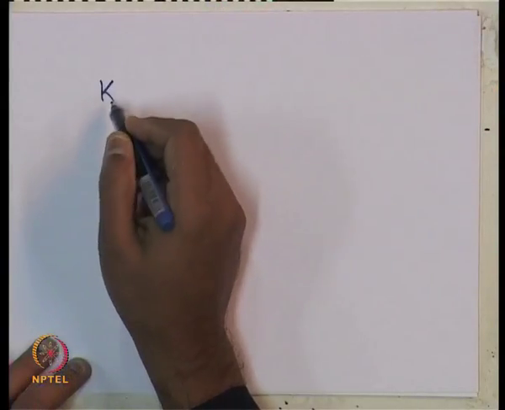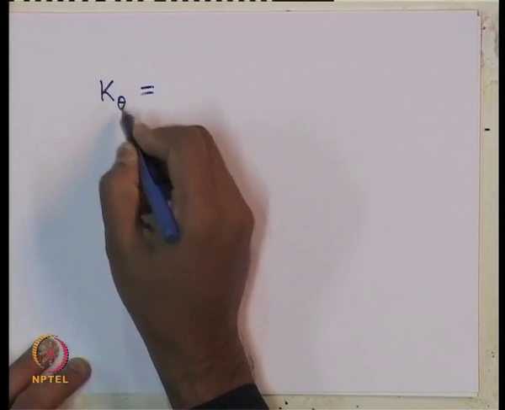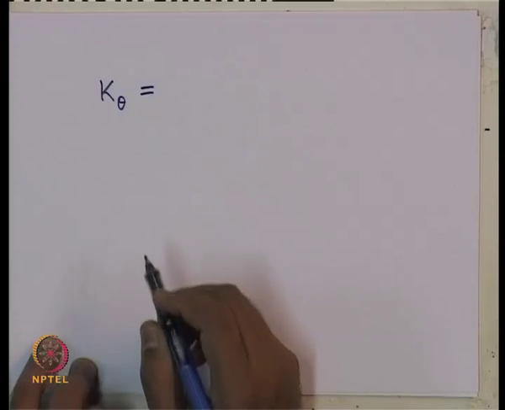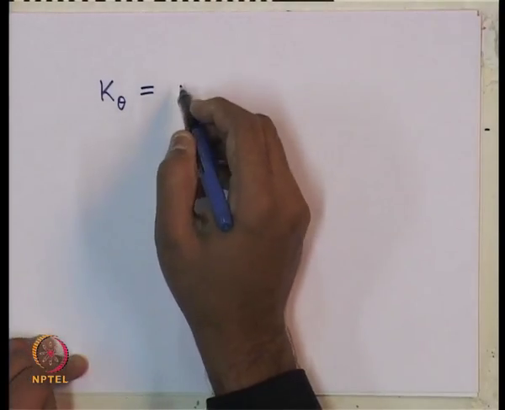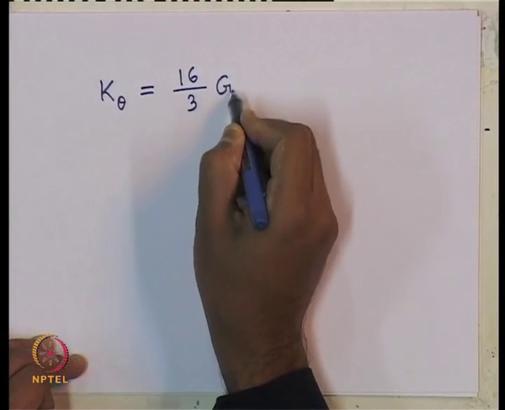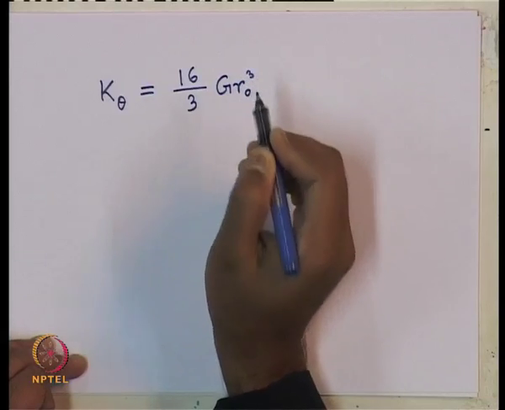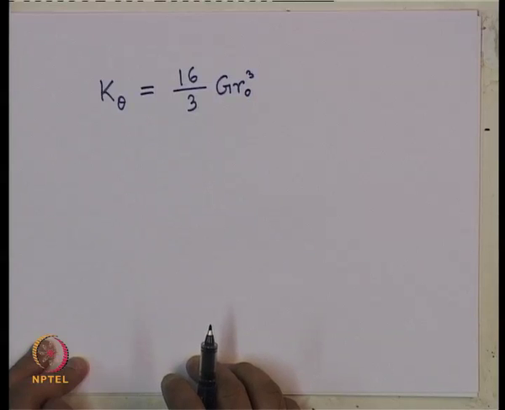For the torsional mode case, what is the expression for k? As the symbol, let us use k theta. For torsional or yawing, we are now using theta. K theta is calculated using this expression 16 by 3 G R naught cube. So, from theory of elasticity, once again this expression is given in Timoshenko and Goodier.